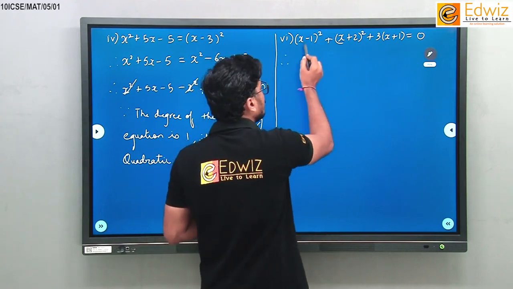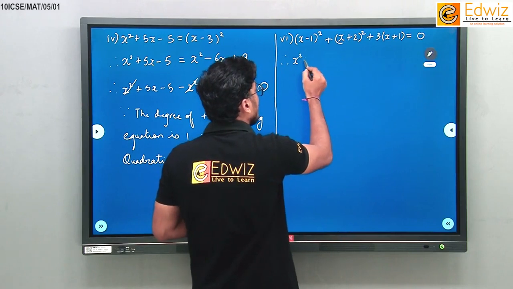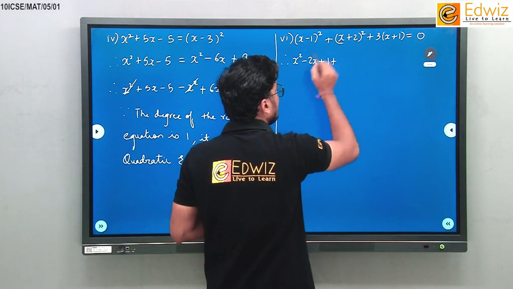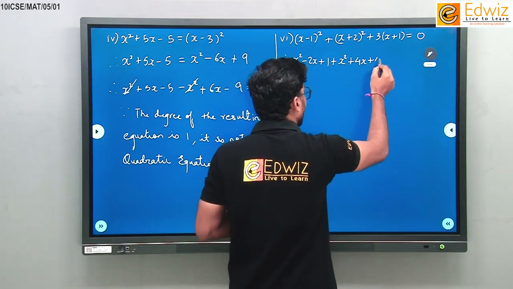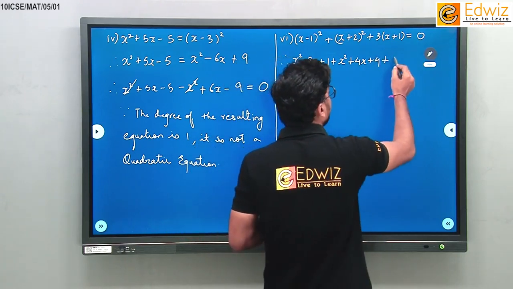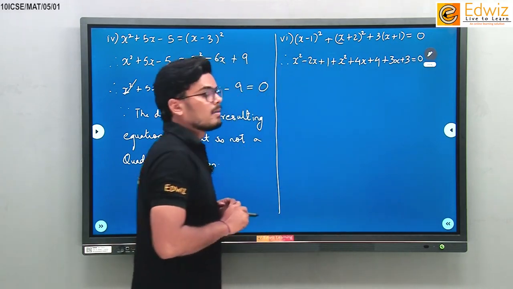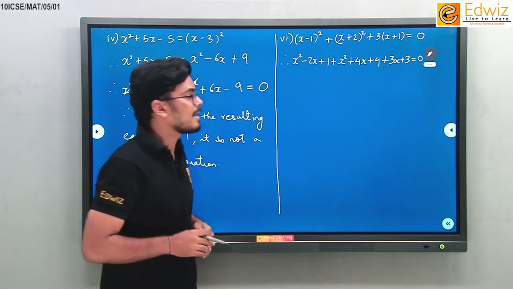So this will be equal to, use a minus b the whole square once again. So x² - 2x + 1, and once again the same formula, x² + 4x + 4, and then multiply 3 inside the bracket, it will become 3x + 3 equal to 0. Correct? Now in this equation, x² and x² is getting added, it's not getting cancelled.